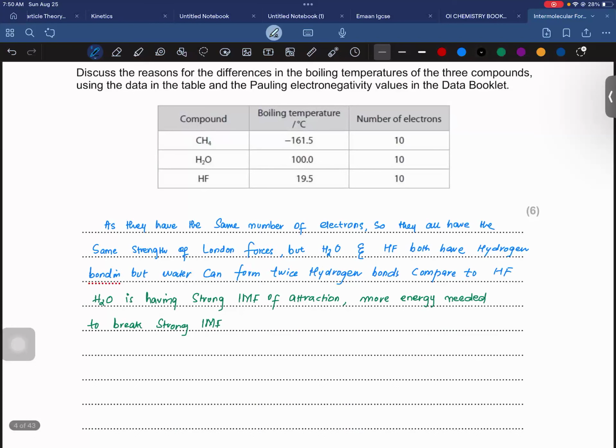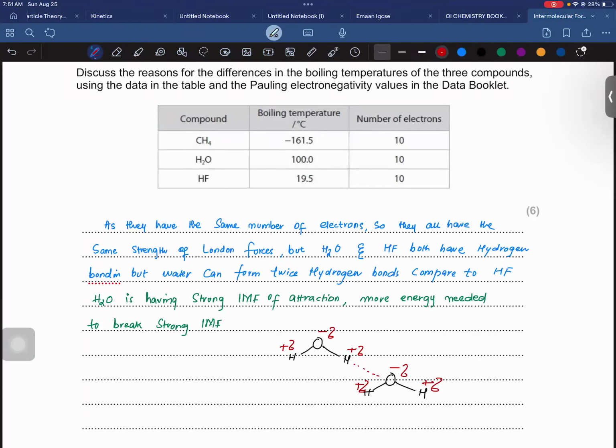Like this. This is H2O. This is another H2O. This is the hydrogen bonding between the two water molecules.